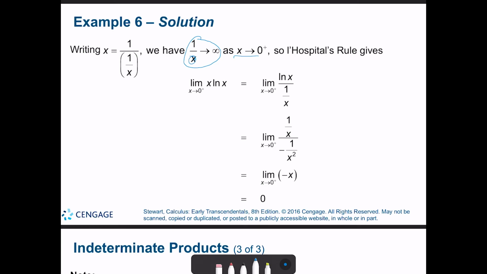And so, by rewriting the value of x in this way, we get the natural log of x divided by 1 over x.